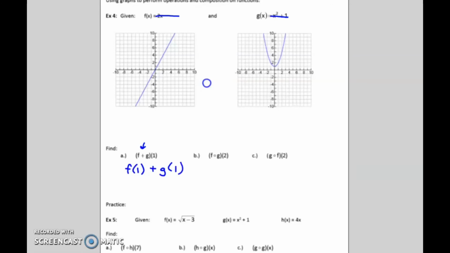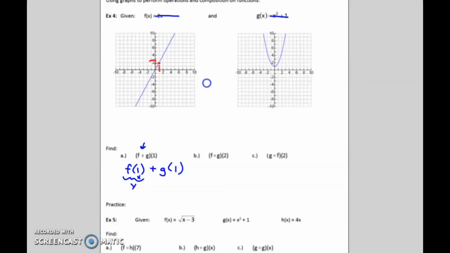Well, how do we do that graphically? All right, well, f of 1, this is my f function right here. It's this line. Remember, the 1 is the x. The f of 1 is the y. So what I'm doing on that graph is I'm going to where x equals 1. And you go up to where it hits the graph, and then you go over to the y value.